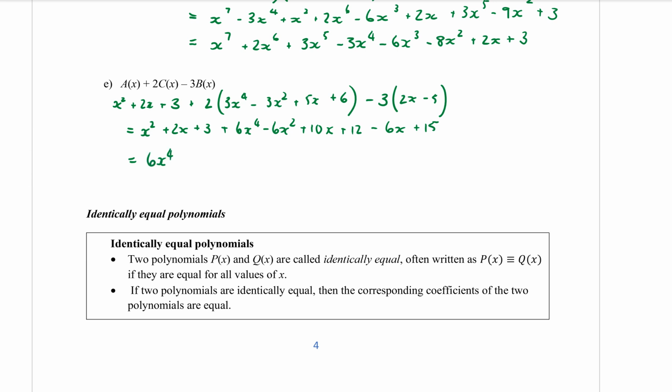Looking for x cubes, don't have any. X squareds, 2 minus 6, so minus 6 is minus 5. X squared. Looking for x's, we've got 2 plus 10, which is 12, minus 6 is plus 6x. And the constants, 3 plus 12 is 15, plus another 15 makes 30.